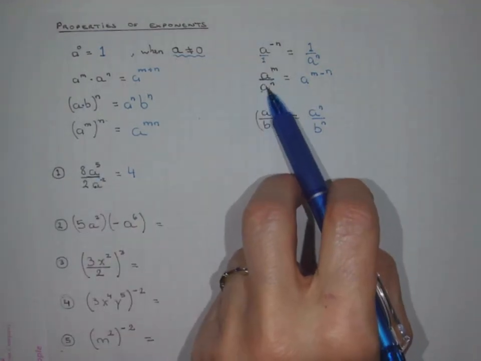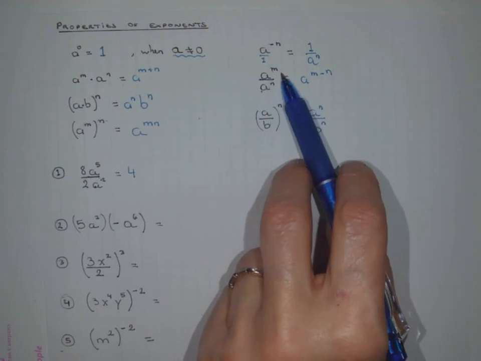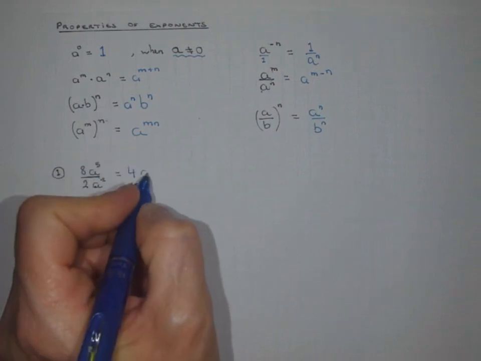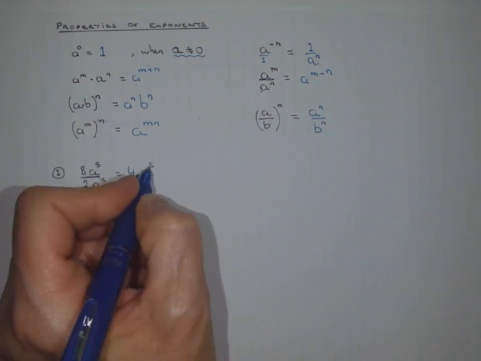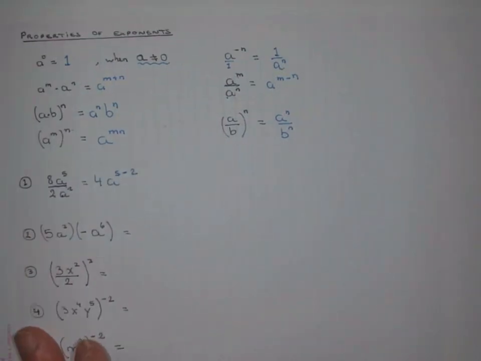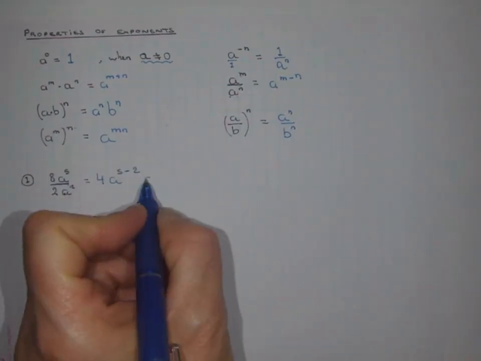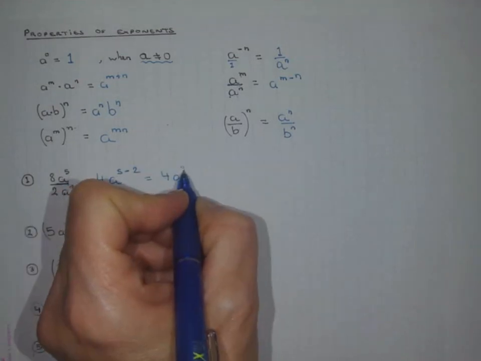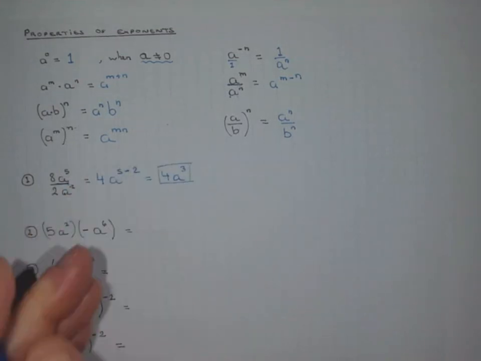Just like we did here, right? We divided the same bases, so we subtracted m, the top one, minus the bottom one. So here it's going to be A to the 5 minus the bottom one, which is a 2. Now don't leave it like that. Go ahead and do that subtraction, right? Because we know what 5 minus 2 is. So 4a to the third. That will be your answer.